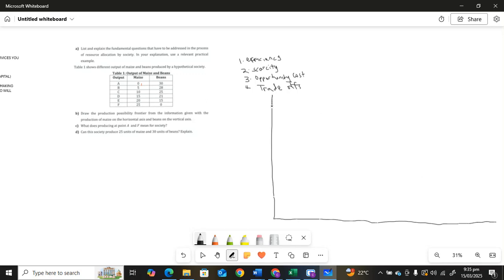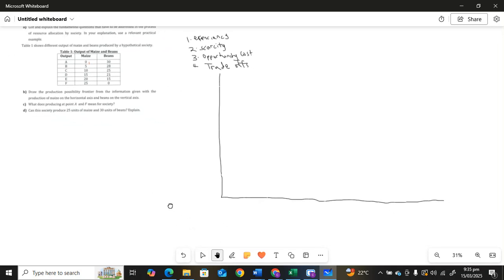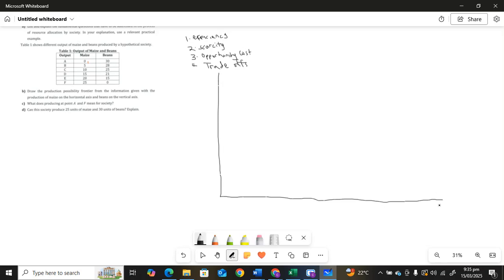They told us maize is on the horizontal axis, so we put maize here. Then beans is on the vertical axis, so we put beans on the y-axis.